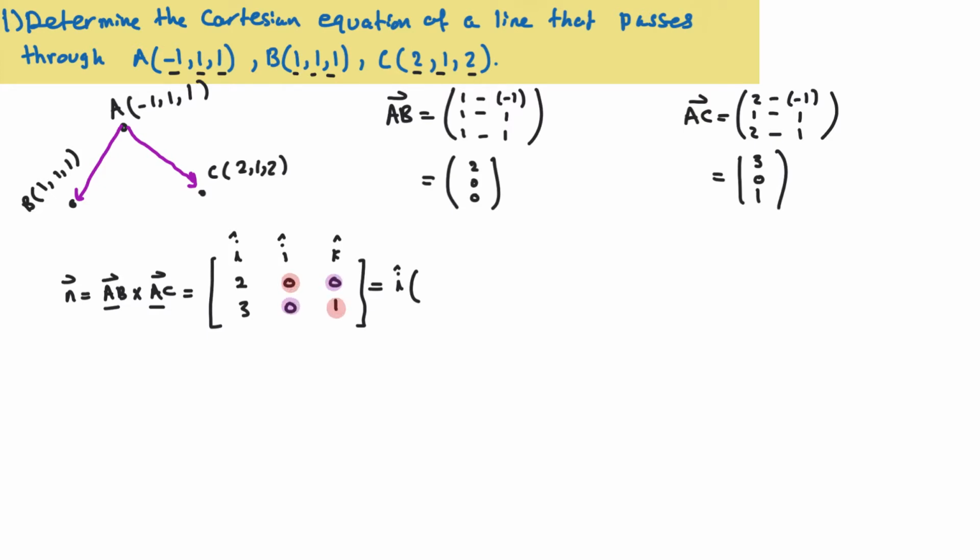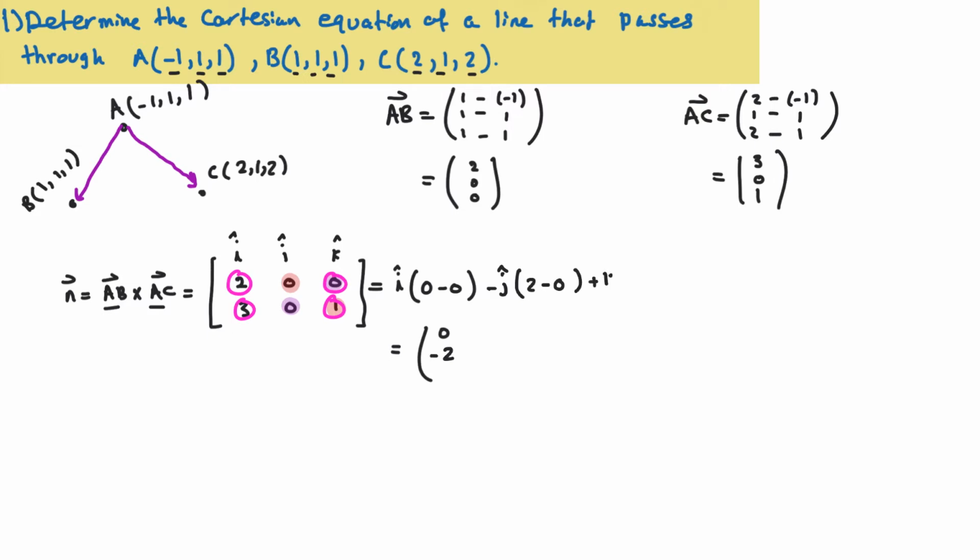So 0 times 1 is 0, and 0 times 0 is 0, so the first component is going to equal 0. For our negative j component, we take 2 times 1 and subtract 3 times 0. 2 times 1 is 2, minus 3 times 0, which is 0. So that's 2 minus 0, 2 times negative j, which is negative 2.